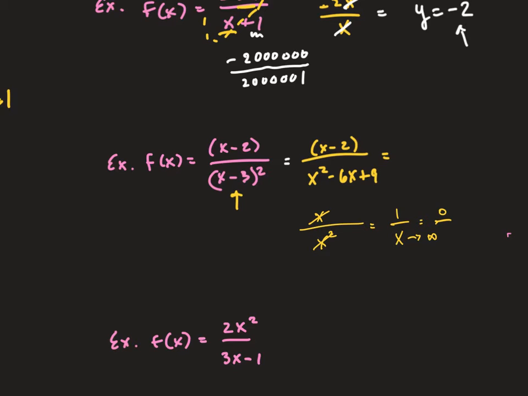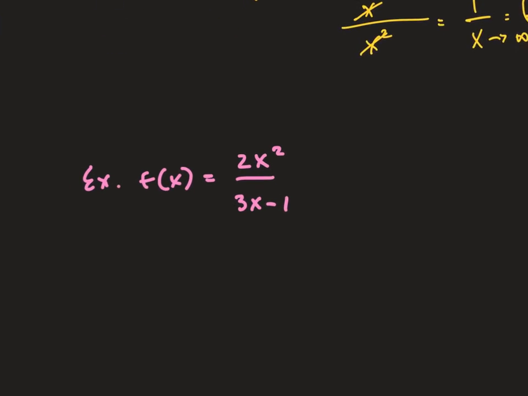If x is 1,000,000, 1/1,000,000th is very tiny, and it's even more insignificant as we get larger than 1,000,000. So your horizontal asymptote here would be 0.